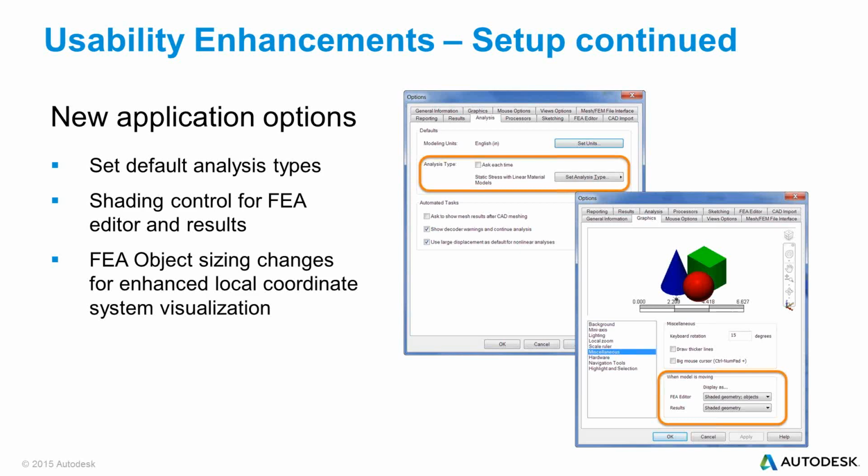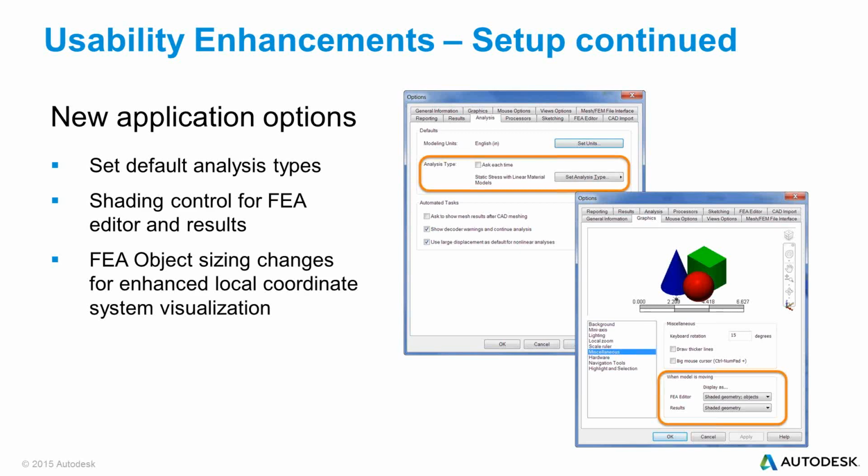Using new settings in the application options, you can now define the default viewing behavior for viewpoint manipulation, such as zoom, pan, and rotate, separately for the FEA editor and the results environment. So that's that bottom picture we're looking at.